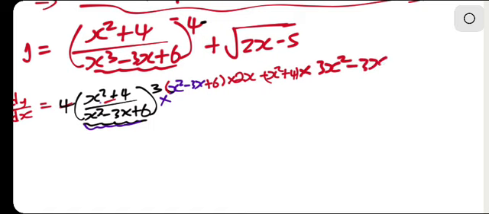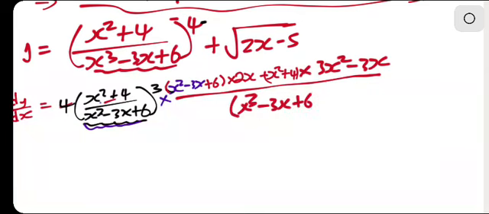Alright, this is what we have, all over this. We said we square the bottom one, x cubed minus 3x plus 6. We square this.